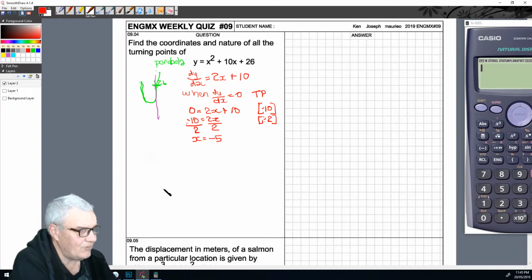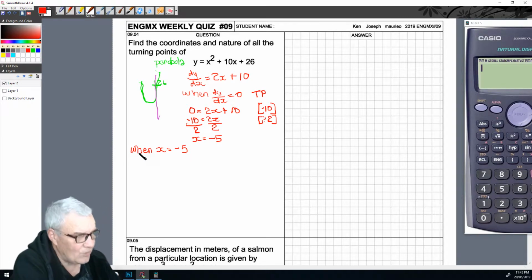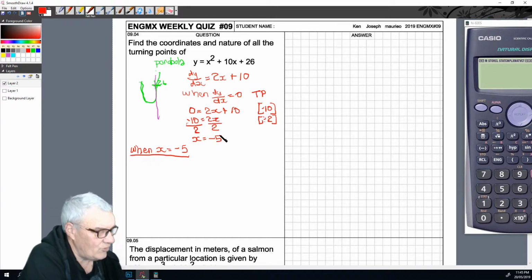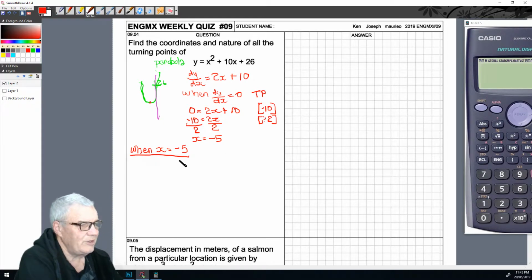Okay, and so let's have a look here. When x equals -5, because remember I need to find the coordinates, that's going to be the turning point. So I know that this turning point here is going to be x equals -5.